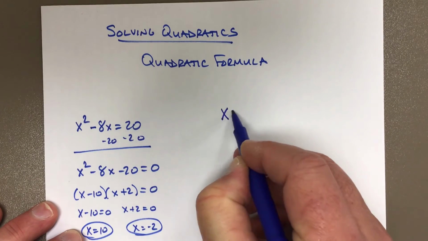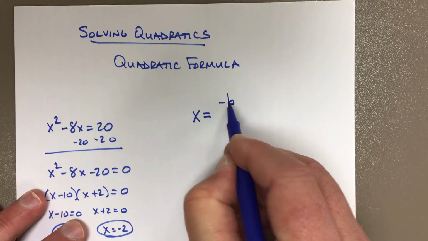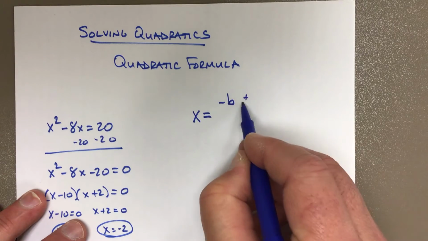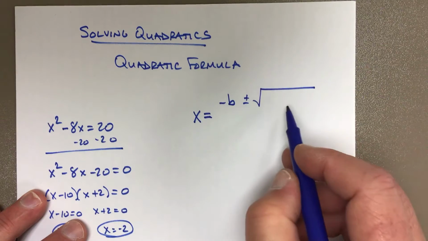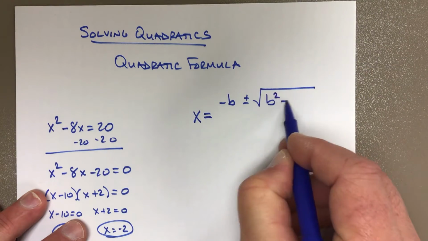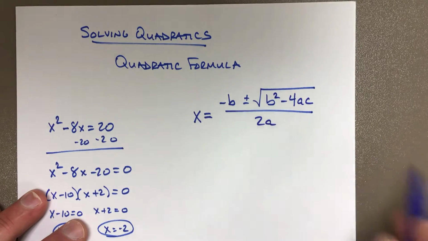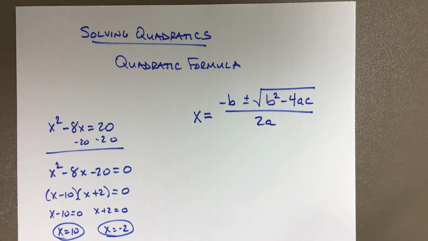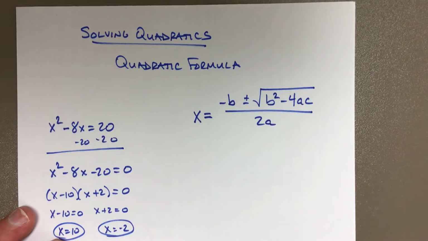x is equal to negative b, the opposite of b, plus or minus the square root of b squared minus 4ac, all over 2a. If you're into music and you'd like a little tune to help you memorize this, YouTube it, say quadratic formula song, and I'm sure you'll pull something up.